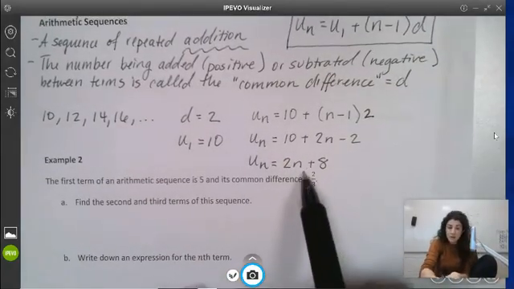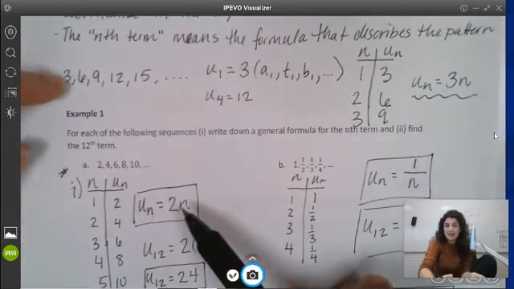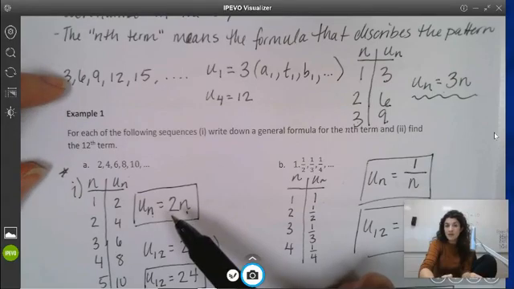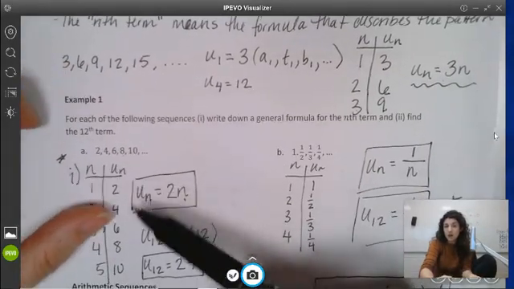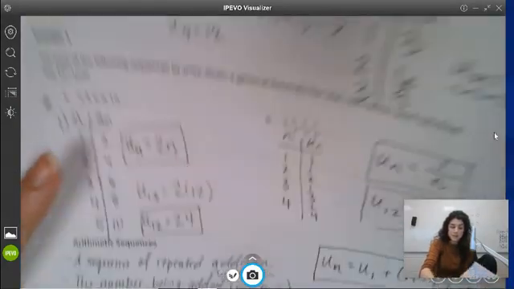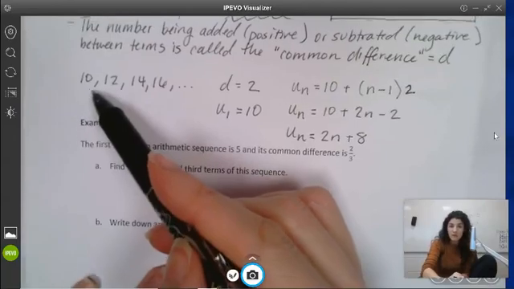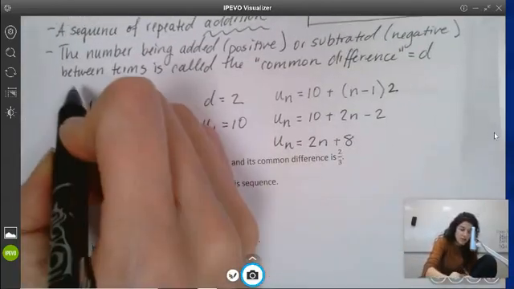These equations are a little bit harder to put together than these equations because with these equations, your first term is your common difference, right? It was 3, 6, 9, and it was a common difference of 3, a common difference of 2, started with 2, 4, 6. So we didn't have to have any plus situation. Whereas when you don't have your first term equal to your common difference, that pattern is harder to establish.